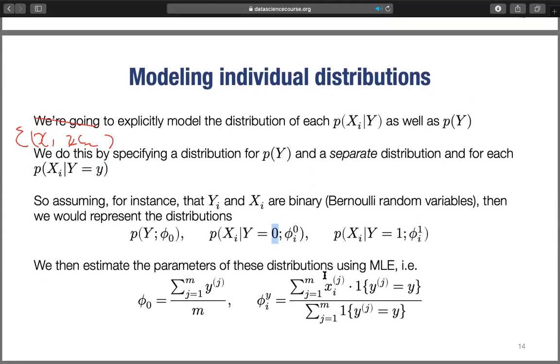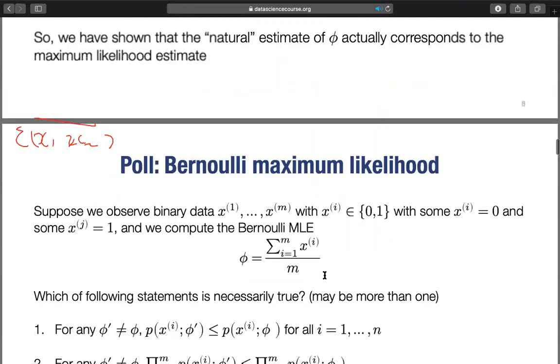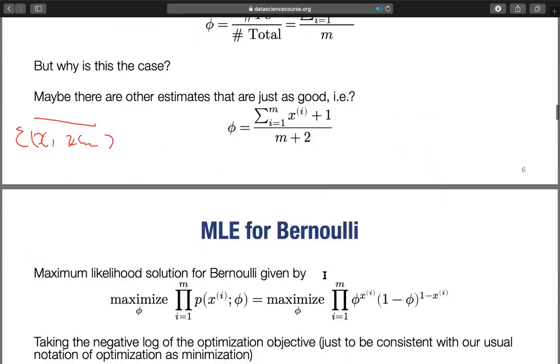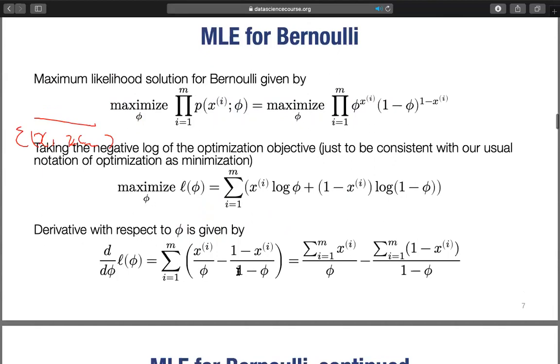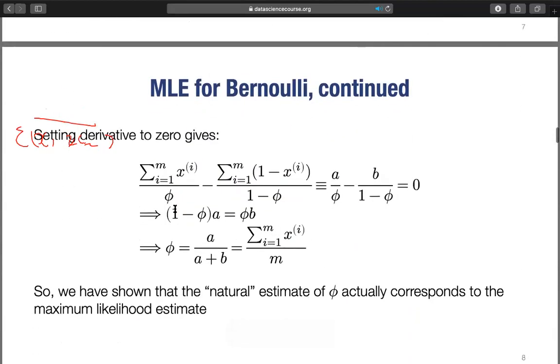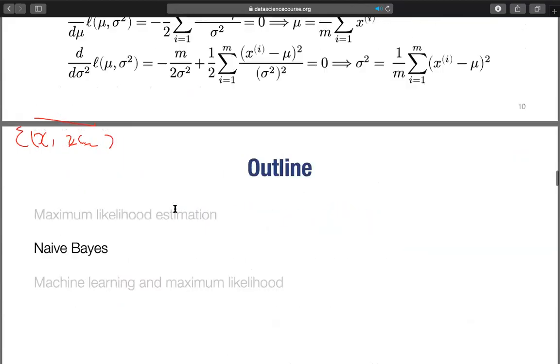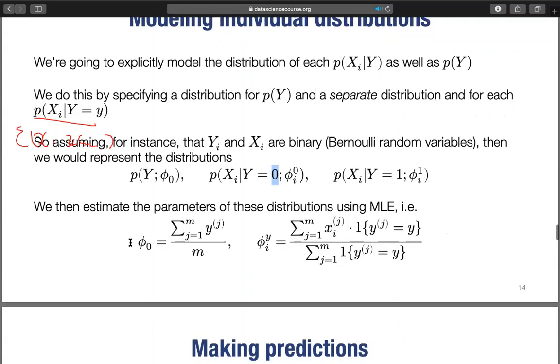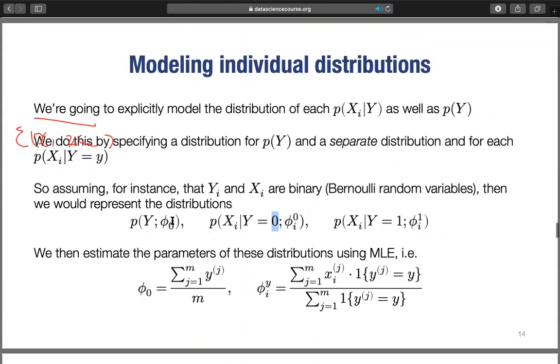And then if we solve it like we did somewhere above, somewhere here, what you would find out is that your phi of 0 here would be this. So it's more or less the sum of all the y's over m.